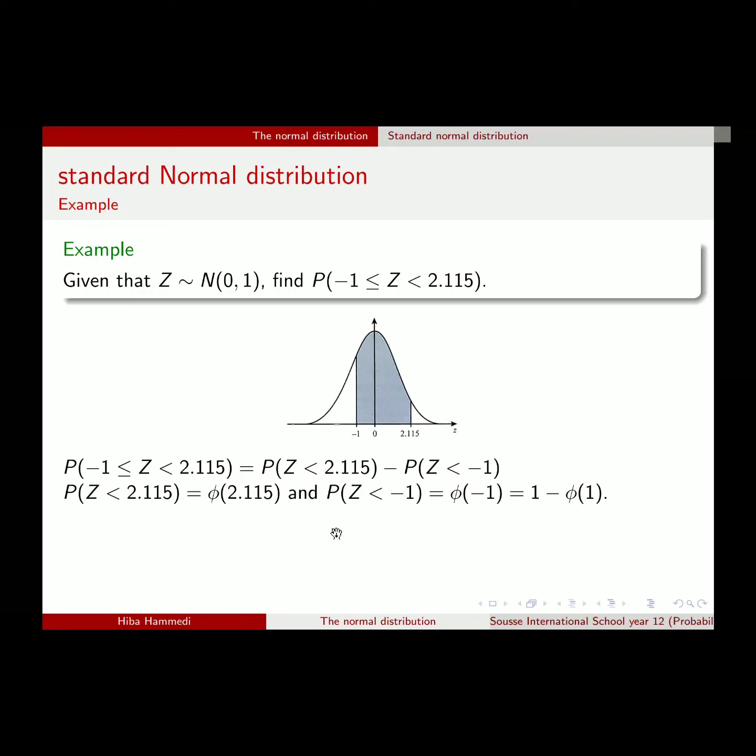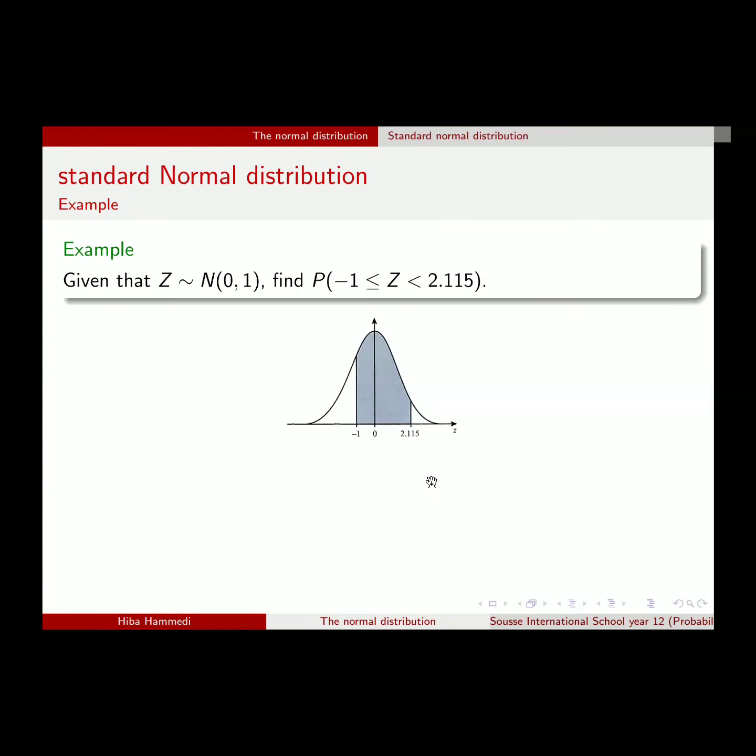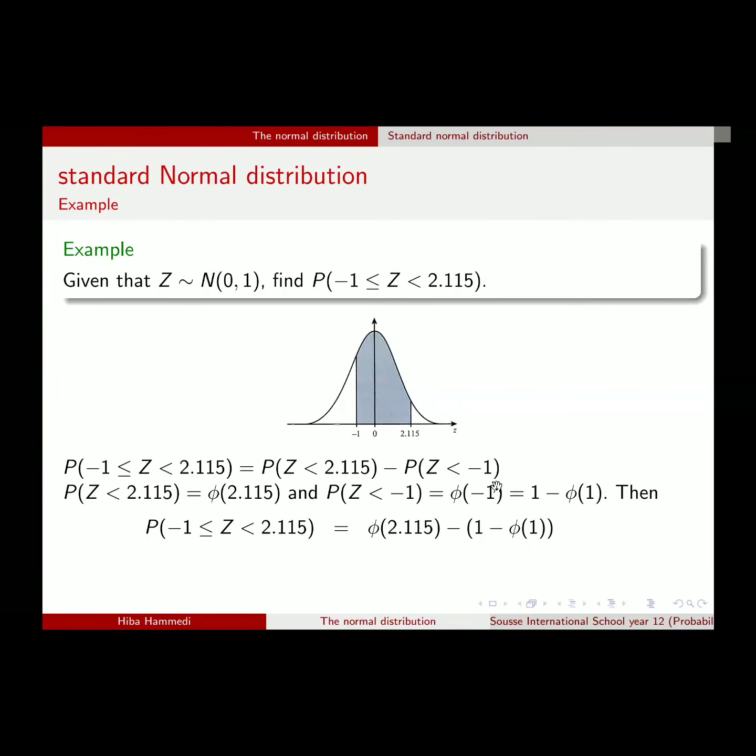But for this one, the probability of z less than -1, I will apply what we saw in the previous section here. So it will be phi of -1, and phi of -1 is equal to 1 minus phi 1, as we saw in the formula.